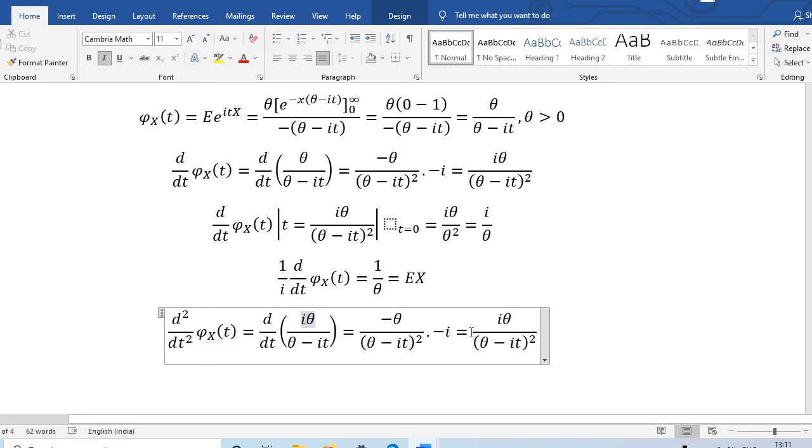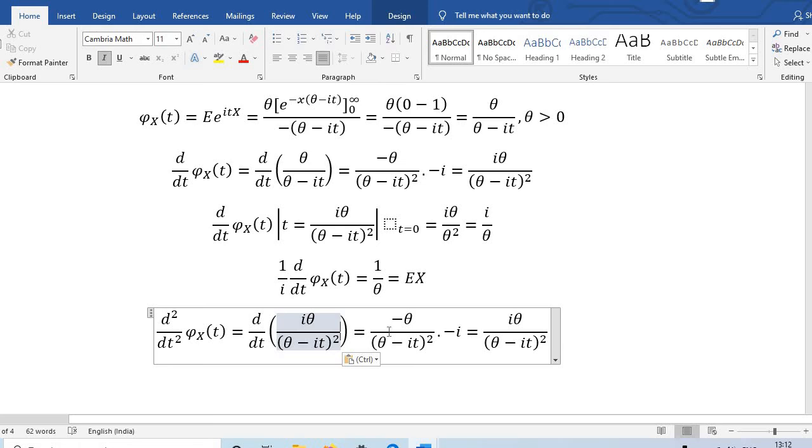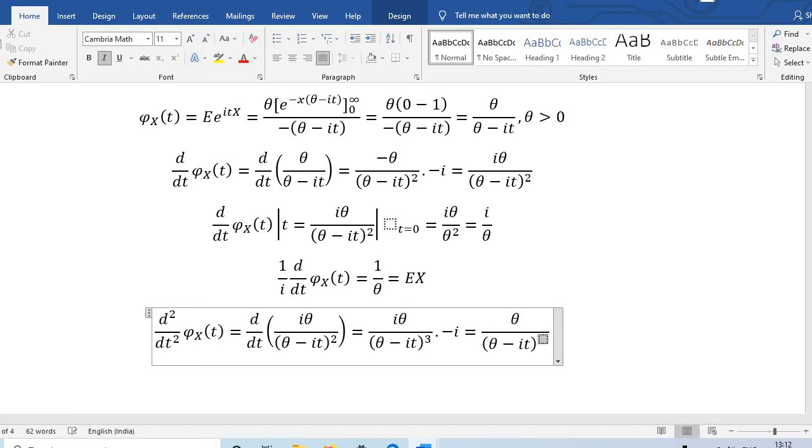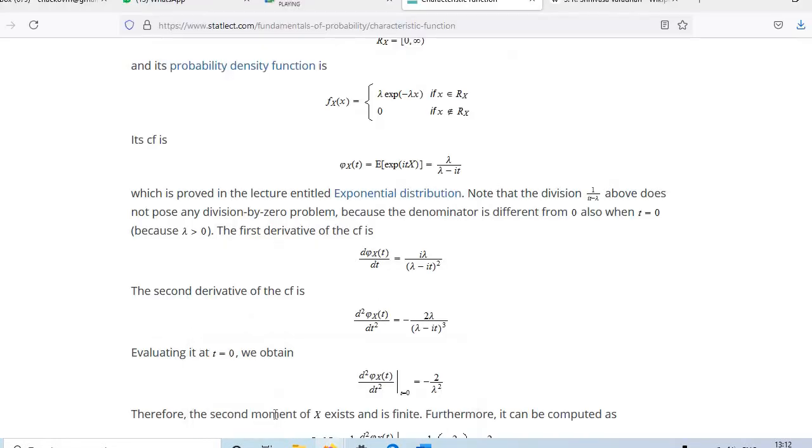So that will be i theta into theta minus theta it raised to 3 into minus i. I into i is minus 1, minus 1 into minus 1 is just 1. So theta by theta cube. Okay, so that is given here.